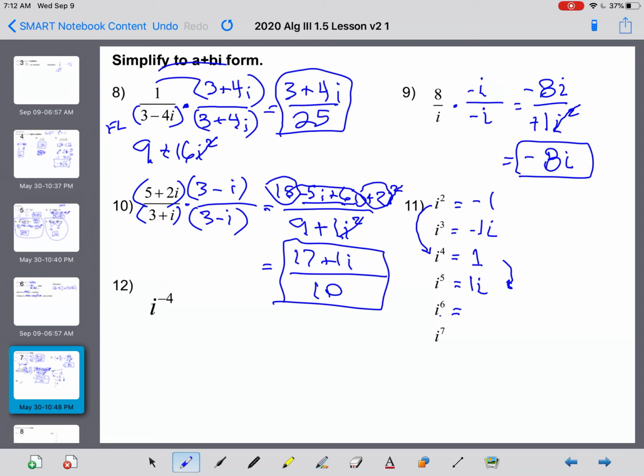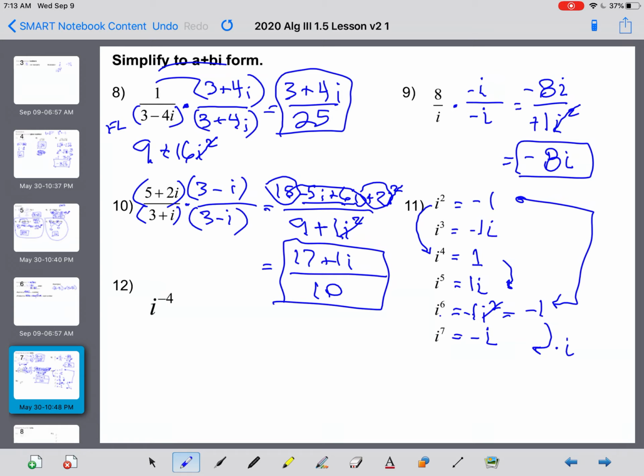If I multiply this by i, I get 1i squared, which gives me negative 1. So that's the same as this one here. And then if I take this and multiply it by i, I get negative i, or negative 1i. So they kind of repeat.